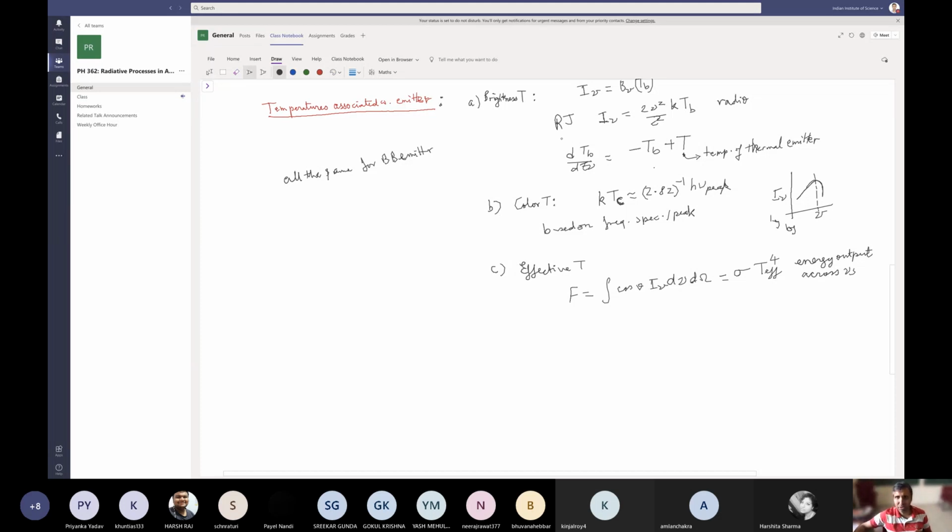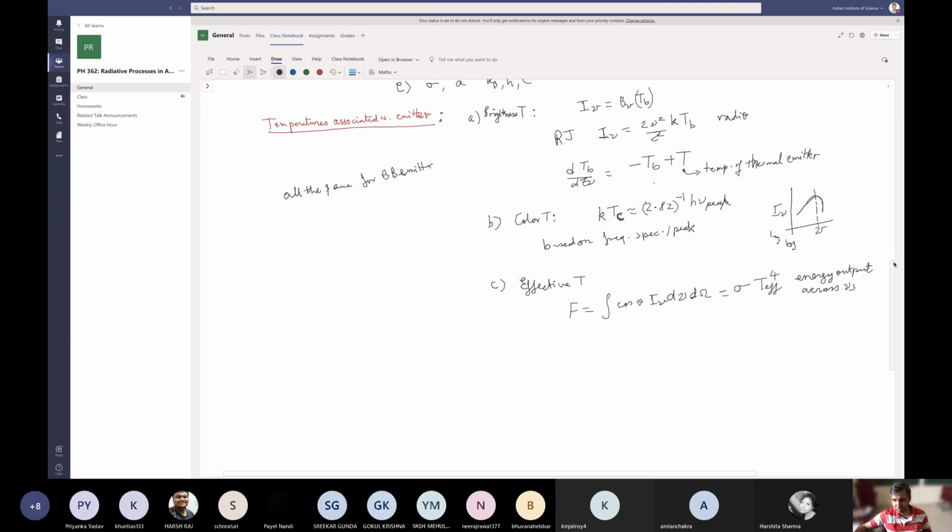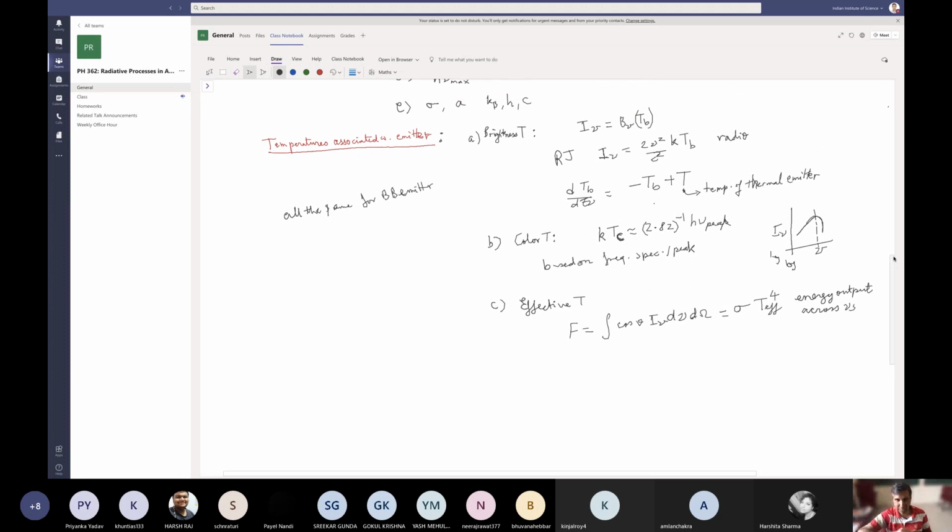Because for a black body emitter, T_B goes to the temperature of the thermal emitter, which is nothing but the black body temperature. A black body will always peak at the frequency given by Wien's displacement law, and the effective temperature of a black body is also given by the Stefan-Boltzmann law. But if you have a non-black body emitter, these can be quite different, so one has to be careful.